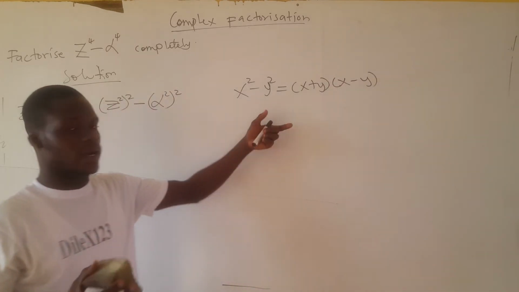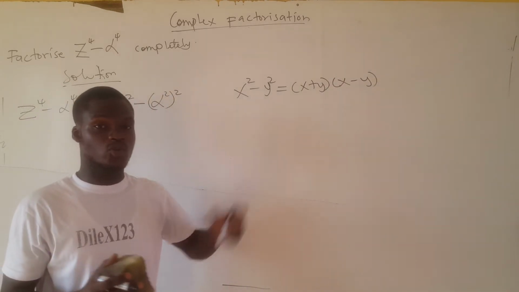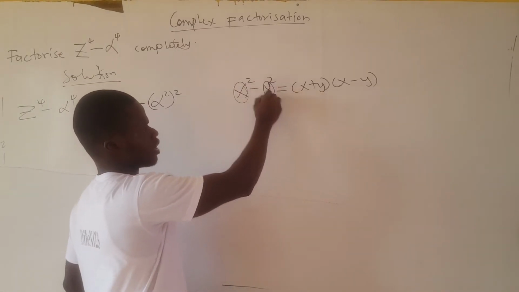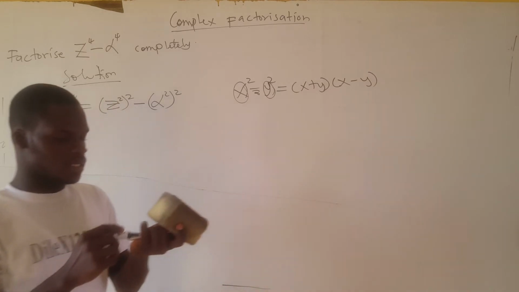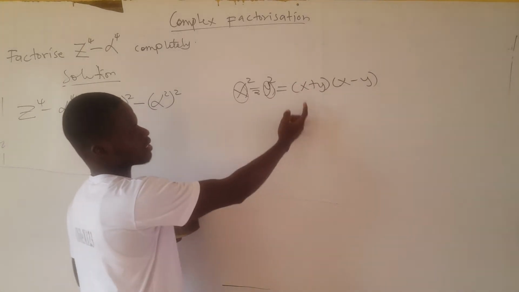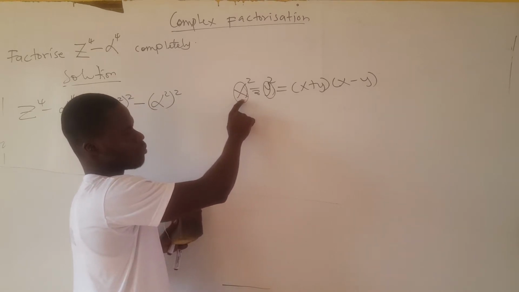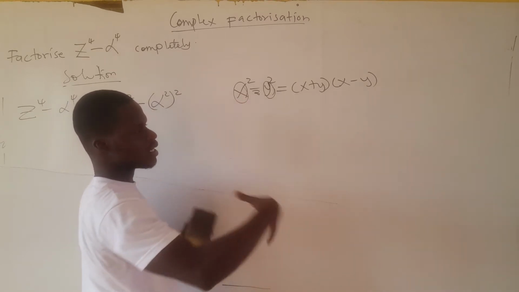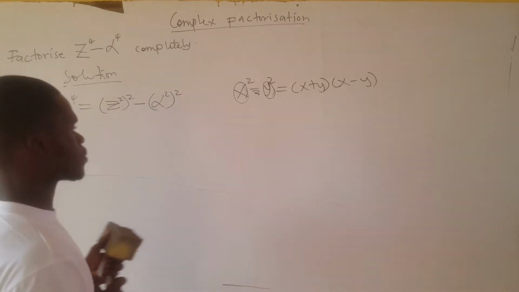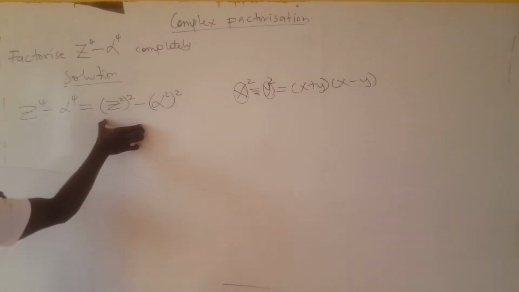This is one square, x squared, this is another square, and the minus sign tells us that we are finding the difference between them. So the answer is the first variable added to the second variable, multiplied by the difference between the two variables.